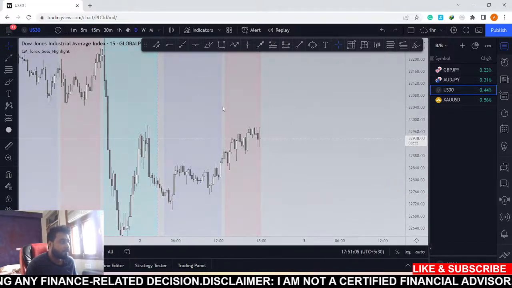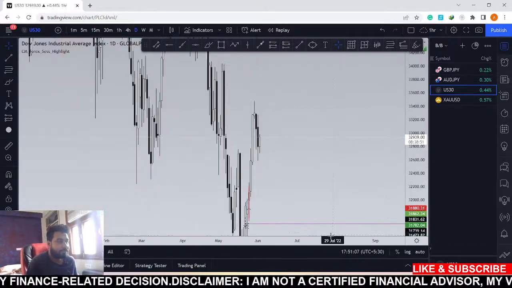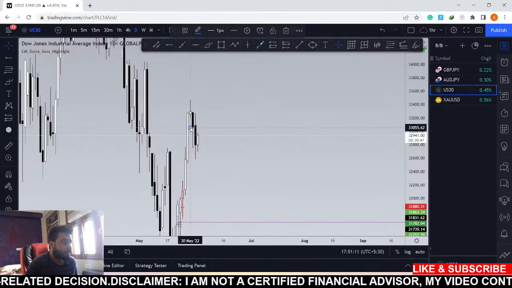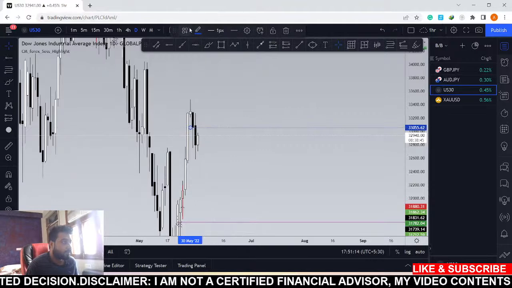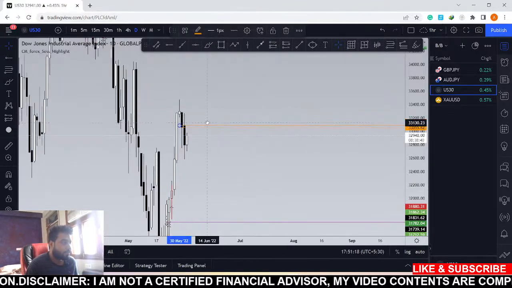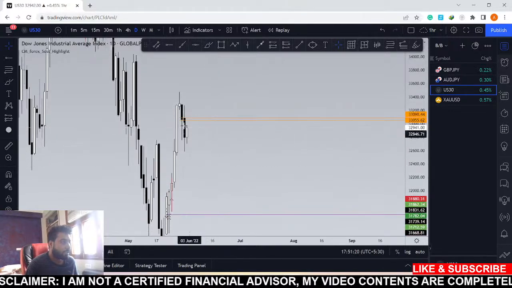In US 30, let's just move to daily. In daily, you can see here we have a closing. I will be marking the closing for the candles.